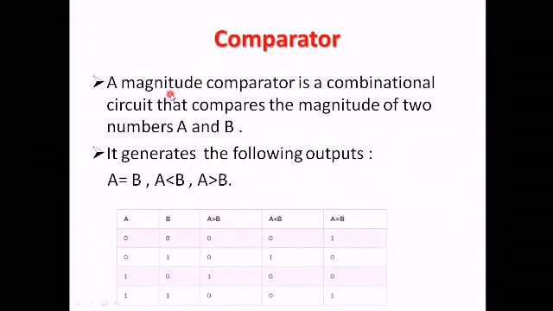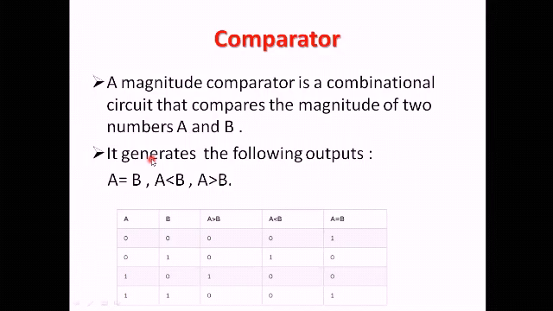Now, a magnitude comparator is a combinational circuit that compares the magnitude of two numbers. This is the case of a 1-bit comparator, where there will be two numbers A and B. It generates the following outputs.